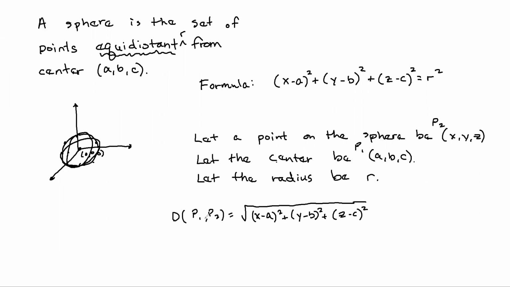And the distance between a point on the edge, x, y, z, and the center, a, b, c, is supposed to be r. So the distance is supposed to be r. And if you just pop in r for that, you get this.